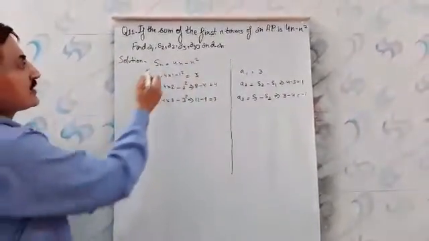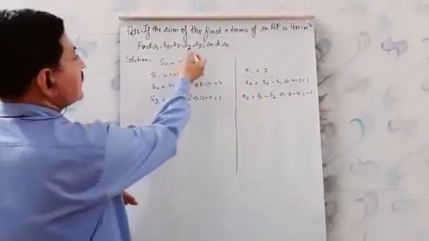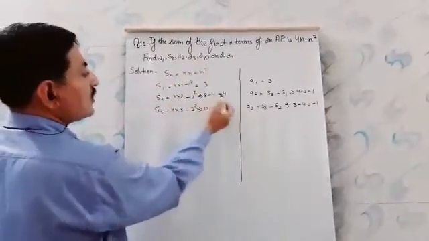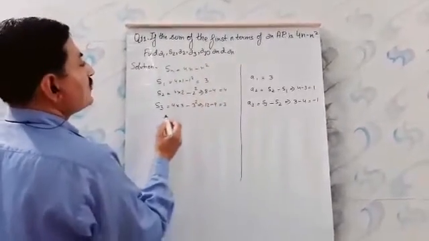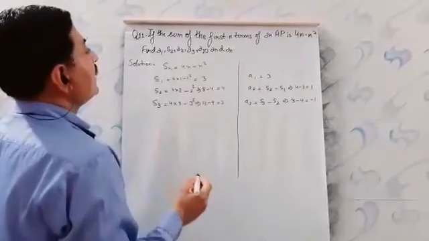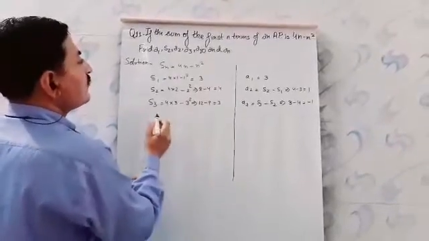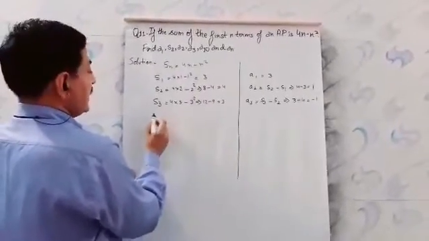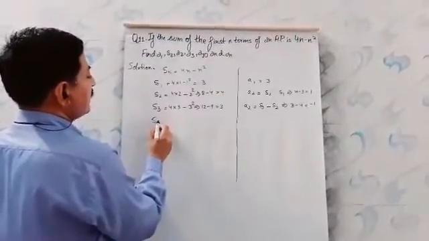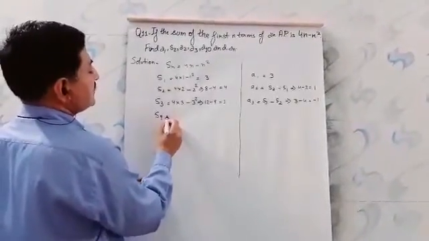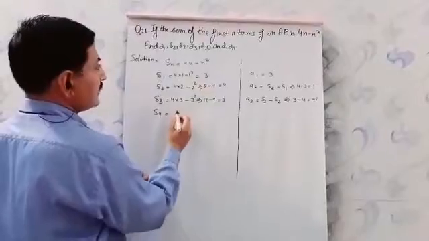So similarly, we have got the second term, the third term, and the sum of the two terms also. Now we have to find A10. For the 10th term we need S9. First find S9, then S10, then we can get the 10th term.